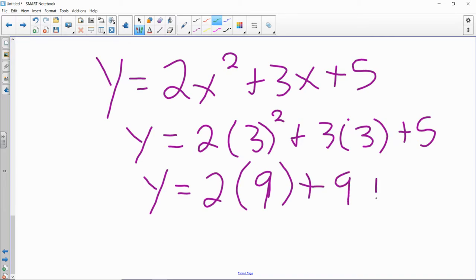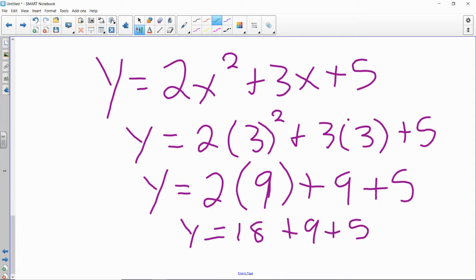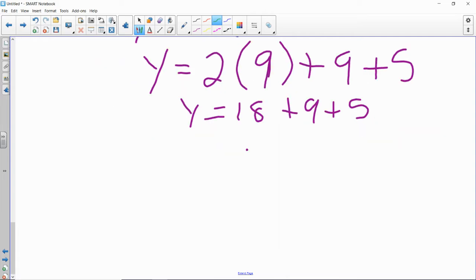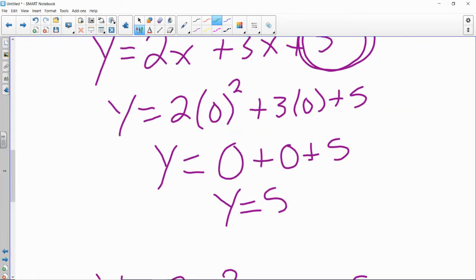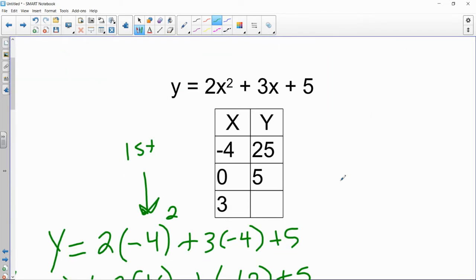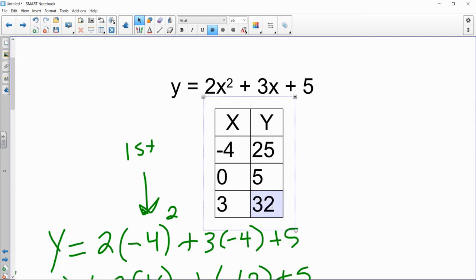Plus 9. 2 times 9 gives me 18. Plus 9 plus 5. And if I combine all of those, 18 plus 9 is 27. Plus 5 is 32. So when I plug in 3, I get 32.